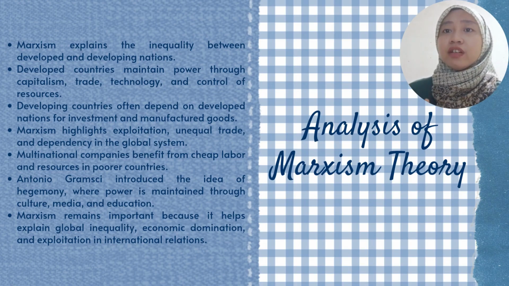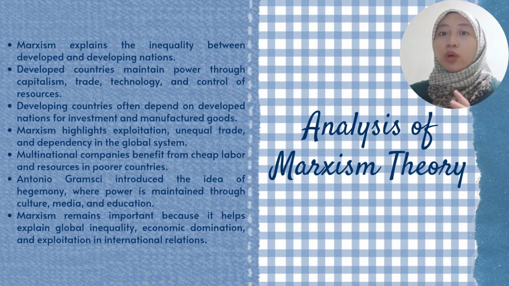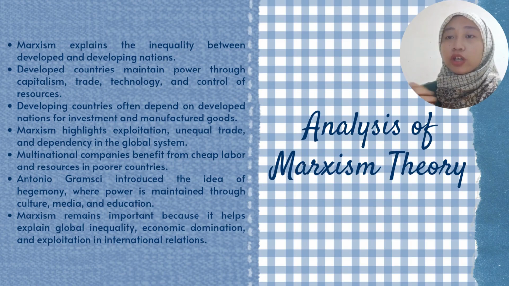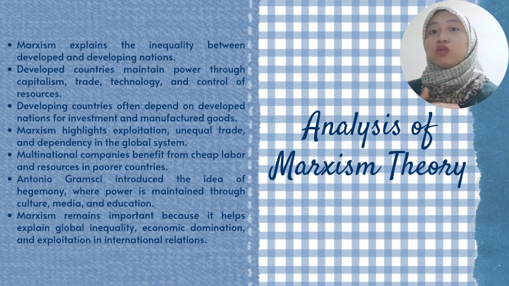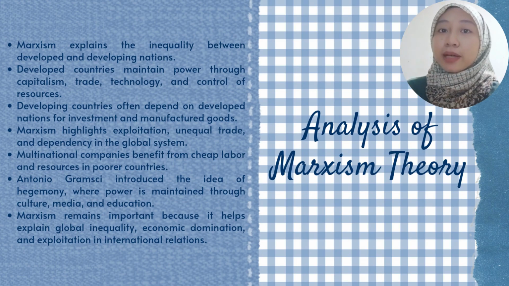In addition, developing nations may be forced to become dependent due to providing low-cost labor and raw material and depending on developed nations for investment and manufactured goods. This way, developed nations continue to accumulate wealth and power while developing nations try hard to attain economic independence.